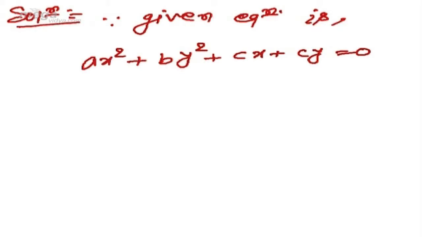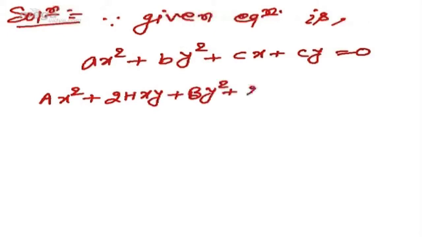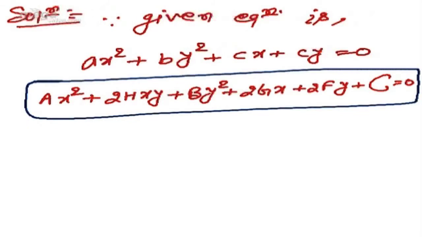According to the actual condition, we compare with ax² + 2hxy + by² + 2gx + 2fy + c = 0, which is the general equation of second degree.